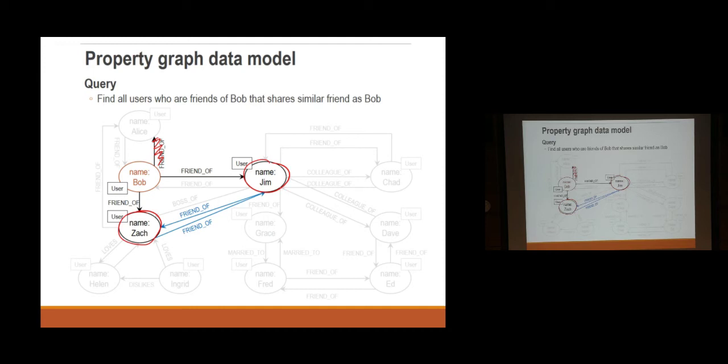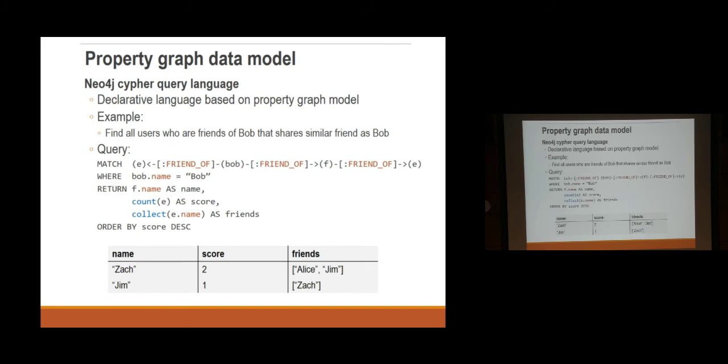Okay, so if you want to write this down as a query, now your query has to look at the graph. You need to be able to describe the subgraph property that you want to look at. One of the ways is to use the graph query language called Cypher query language. What it states is that there is this Bob. Okay? So the property that you are interested in is that you have a Bob here, and there's a friend of.